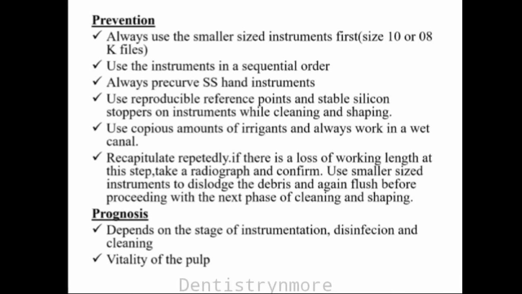Recapitulate repeatedly. If there is any loss of working length at this step, take a radiograph and confirm. Use smaller sized instruments to dislodge the debris, and again flush before proceeding with the next phase of cleaning and shaping. And the prognosis depends on the stage of instrumentation, disinfection and cleaning, and vitality of the pulp.